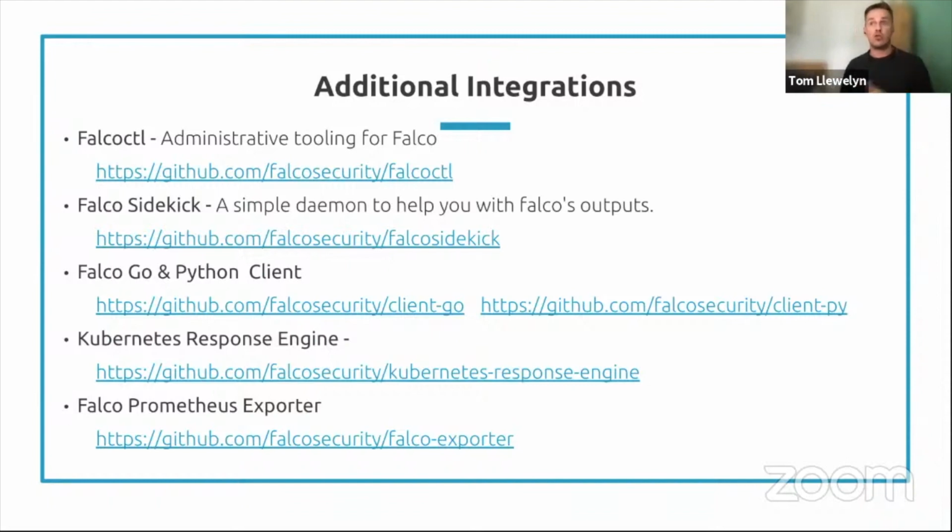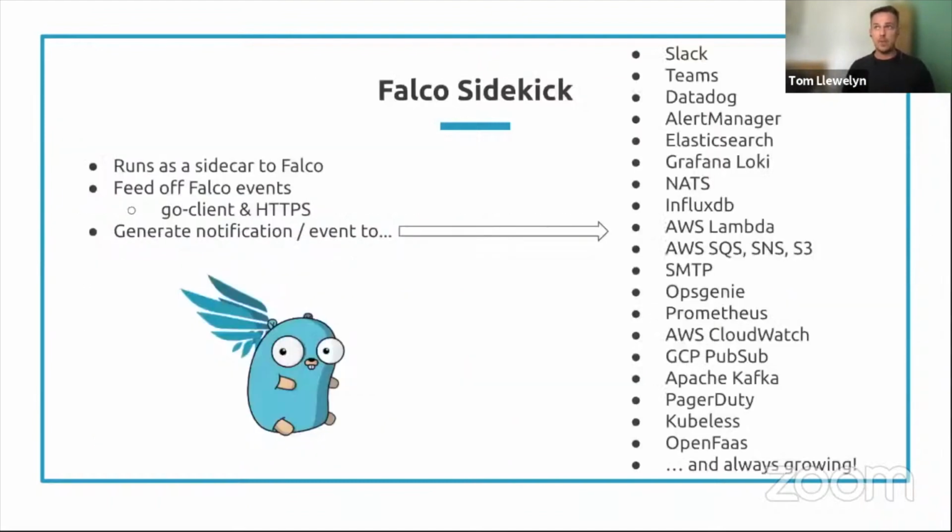Once you've triggered a rule, you can pass it into Sidekick, and that can integrate into various other workflows, so that you can trigger other things, and other clients and so on. Also a Prometheus exporter, which can be very useful if you're using Prometheus as your monitoring framework, then you can feed those events into Prometheus as well and start dashboarding it and so on.